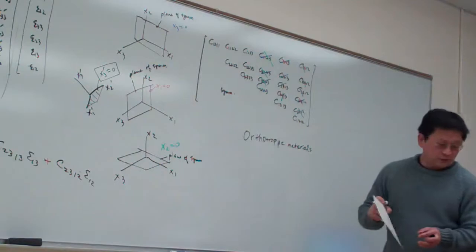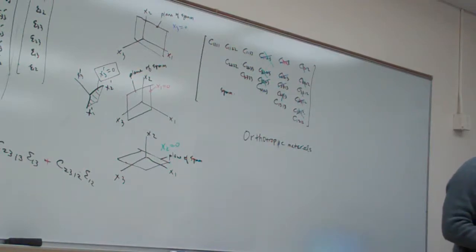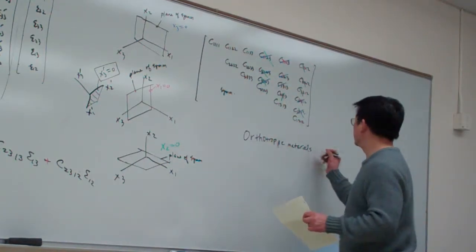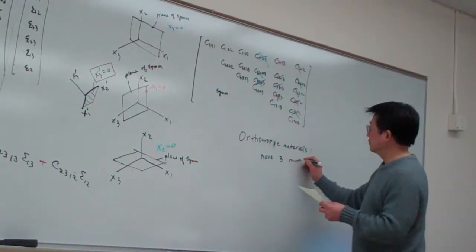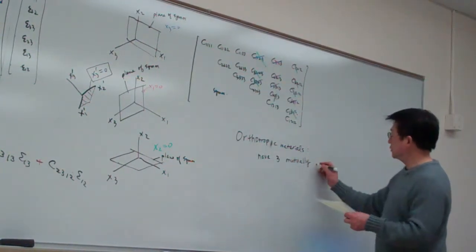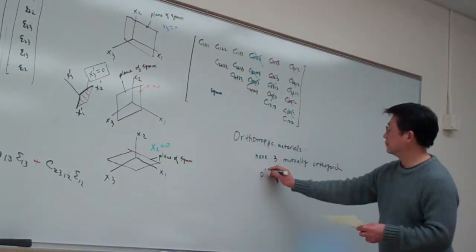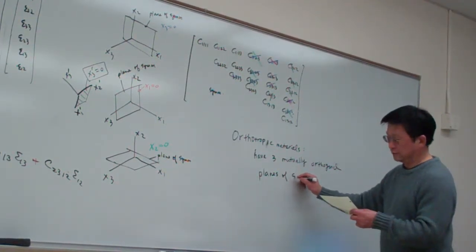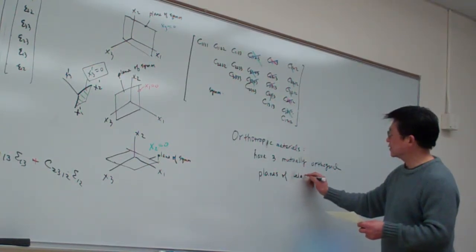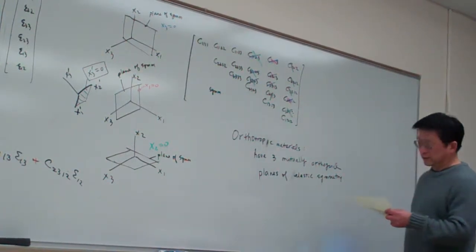So here the orthotropic materials have three mutually orthogonal planes of elastic symmetry. Okay.